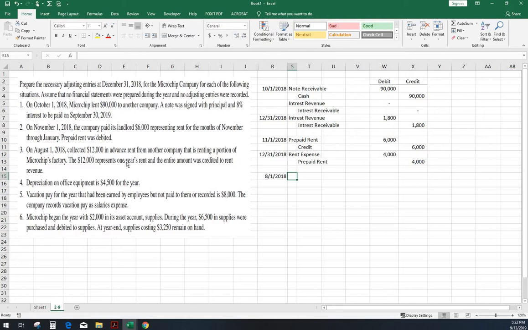Okay, collected $12,000, so that's our cash goes up. Okay, and it says the amount was credited to rent revenue.